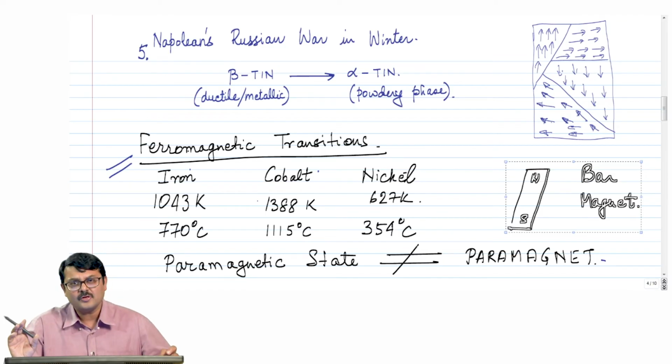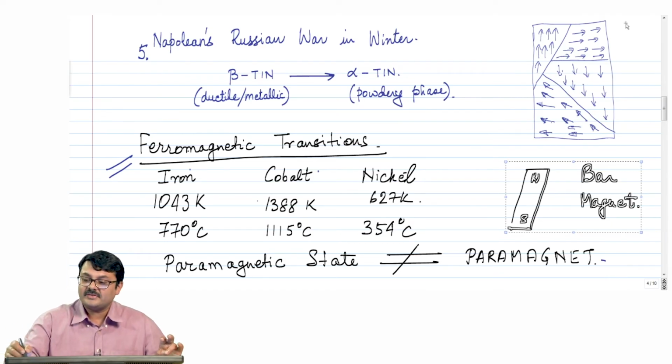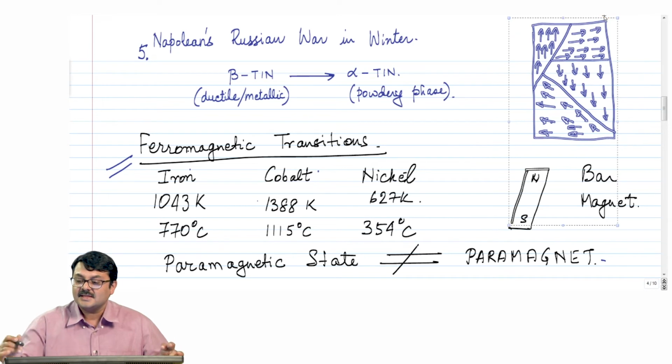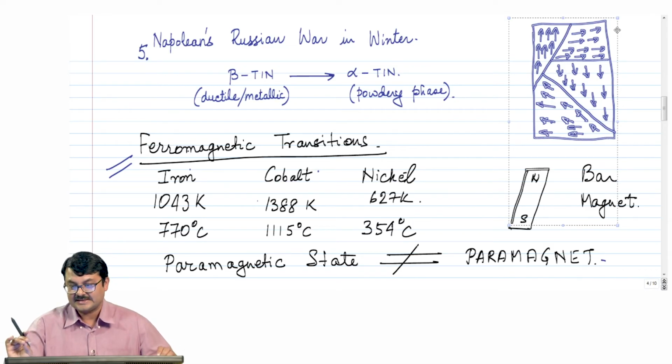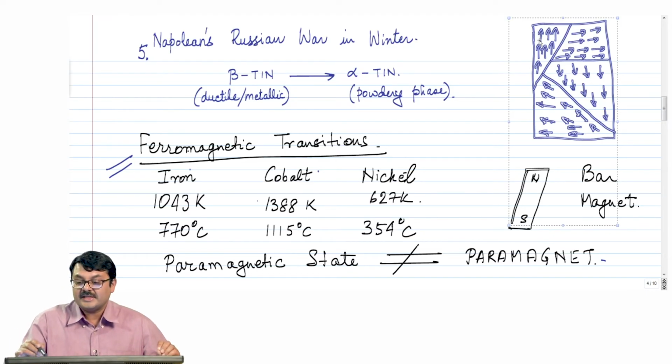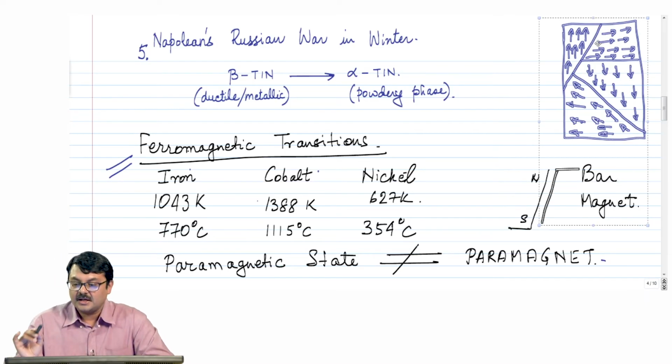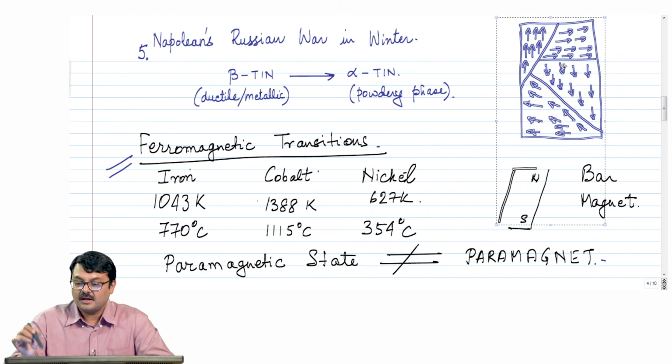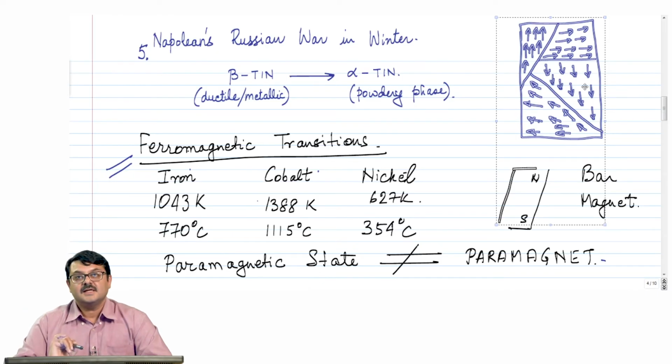Of course, you also have iron which does not show any magnetic properties, and that is because a bar magnet has domains. So, iron at room temperature can be magnetized, but you can also have iron where you have different regions within the bar magnet where the magnetic moments are pointing along different directions, like this or like this or like this, in different directions.